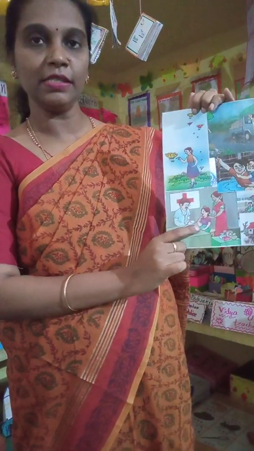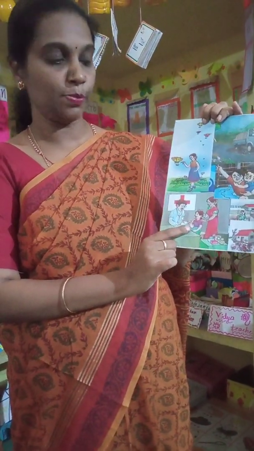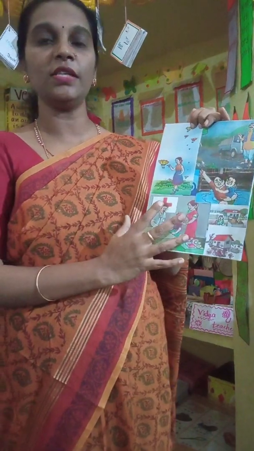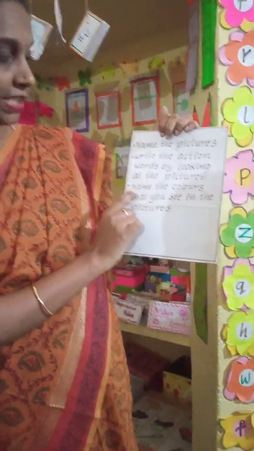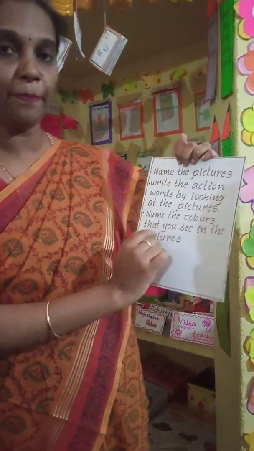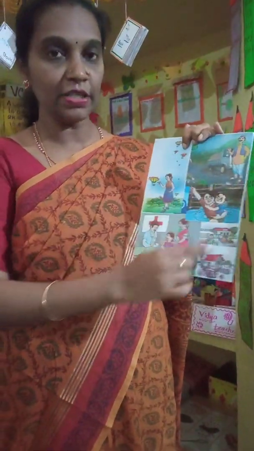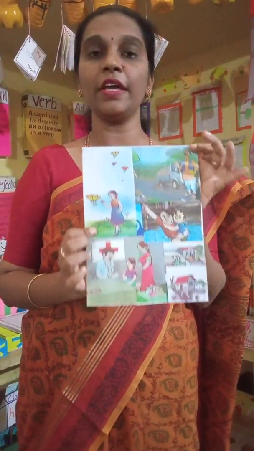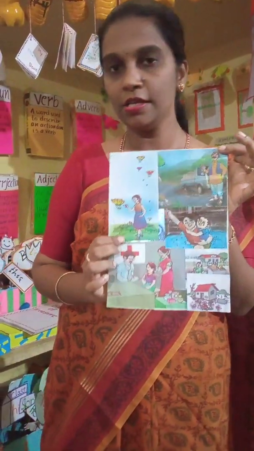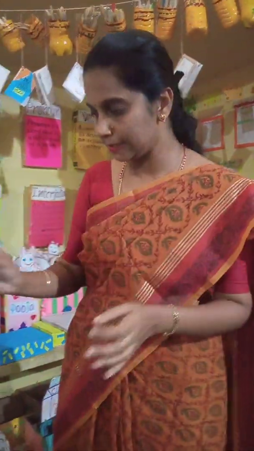Here they are sitting in the doctor's hospital. So those action words our students will write in their notebooks. And the next instruction is, name the colors that you see in the picture. So whatever colors they see in the picture, they can write down in their notebooks. This is a very good engaging activity for our students, and this is also made of all waste materials.